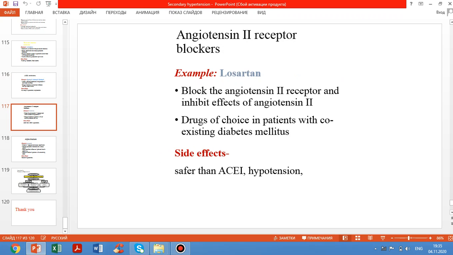Angiotensin II receptor blockers like losartan block the angiotensin II receptors and inhibit the effect of angiotensin II. Drug of choice in patients with coexisting diabetes mellitus. Side effects: safer than angiotensin converting enzyme inhibitors, with less cough.